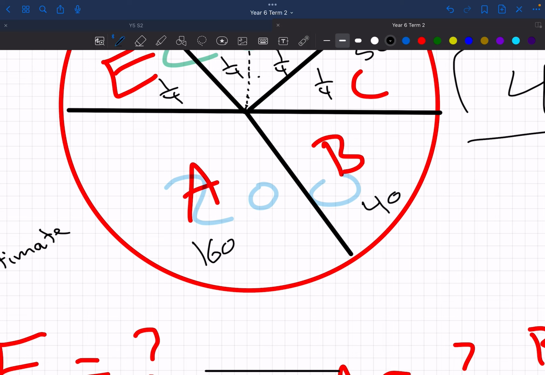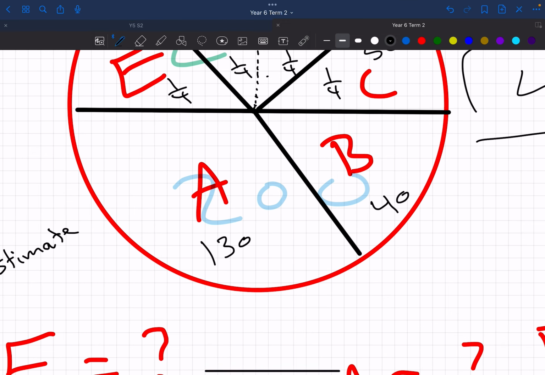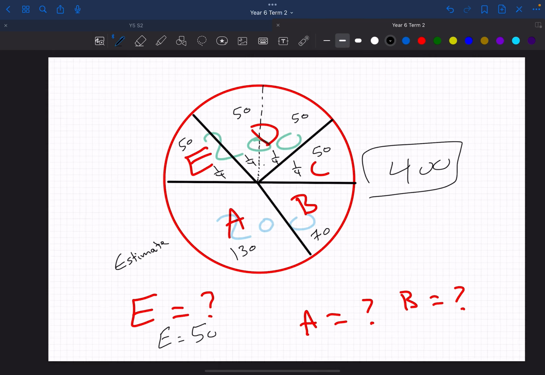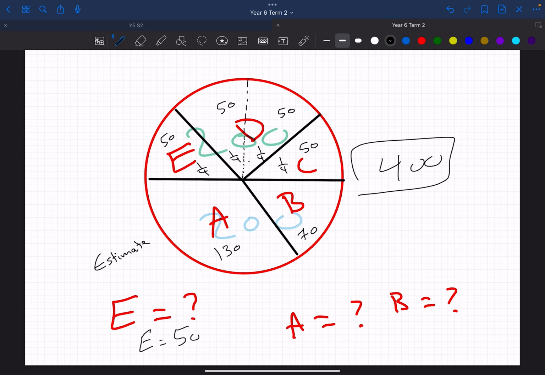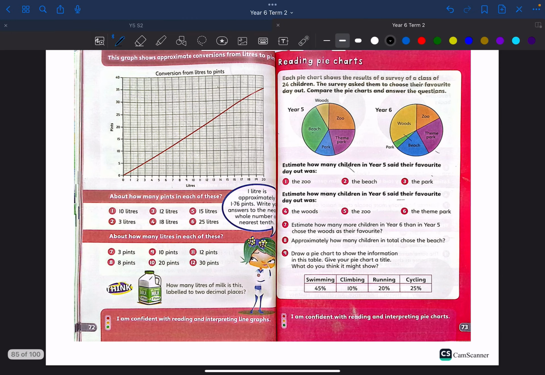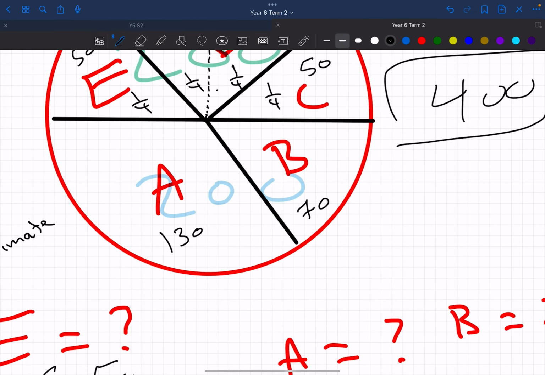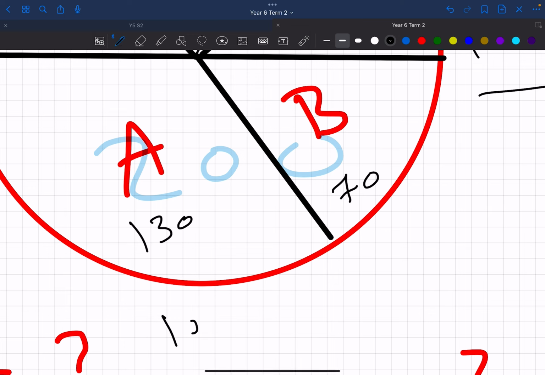I'm estimating here. I know it's more than a half. I think it's clear. You can say even 130 here and here 70. You can have different numbers, but don't write here, for example, 100 and here 100. No, they're not halves. Come on, careful.